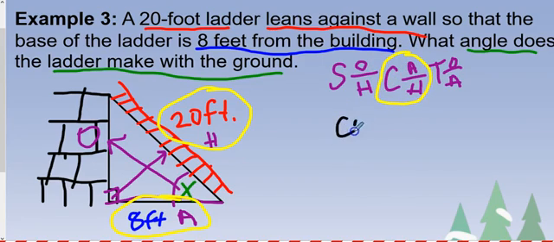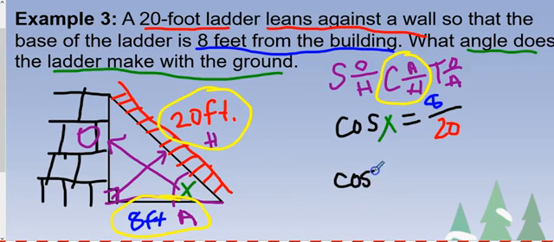So we've got cosine of our angle, which is the piece we don't know, equals A, which is 8, over H, which is 20. Remember, when we're typing this in, we don't want to type this function in. We want to use our inverse function because it'll cancel out the cosine there. So we're going to say cosine inverse of 8 over 20. And that's going to equal our x.